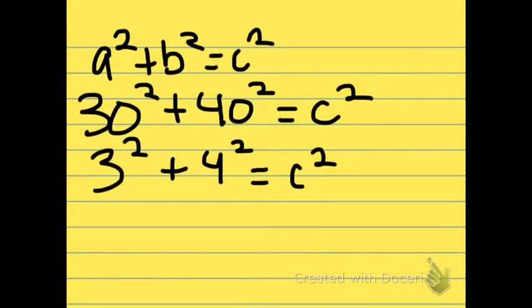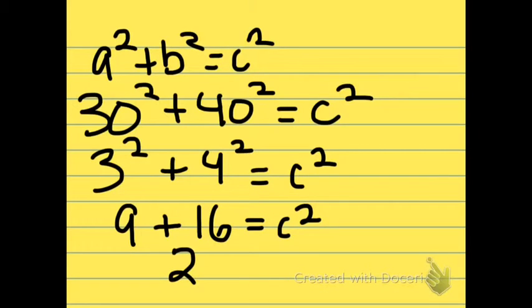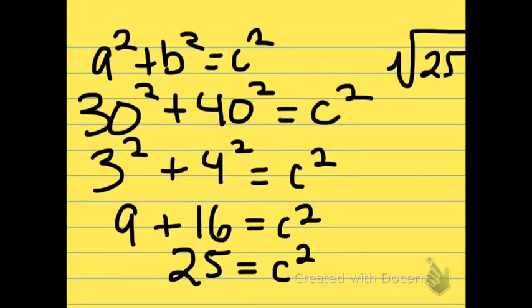This is very simple because now 3 squared becomes 9 and 4 squared becomes 16. So that means that 9 plus 16 is 25, which means 25 is c squared. So the square root of 25 means that it's 5. But we're not done there.